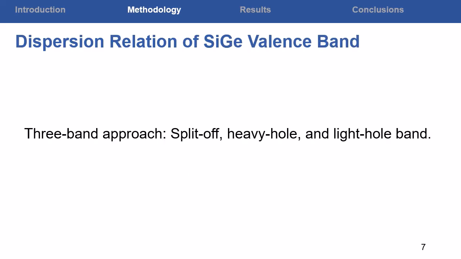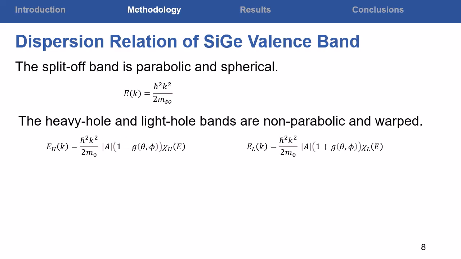To properly describe the transport of holes in silicon germanium alloys, an analytical description of the valence band is needed. The silicon germanium valence band is best described by the three-band approach, which takes into account the split-off band, the heavy-hole band, and the light-hole band, and these last two are degenerate. The split-off band is parabolic and spherical.